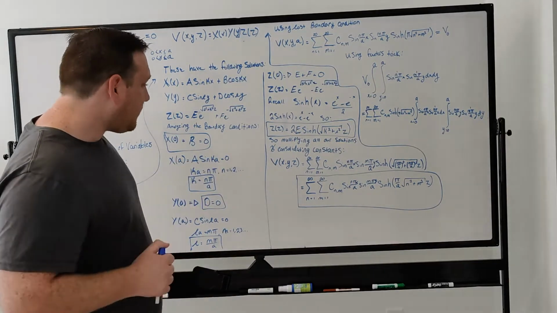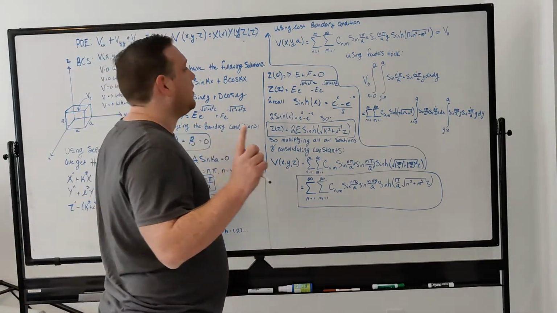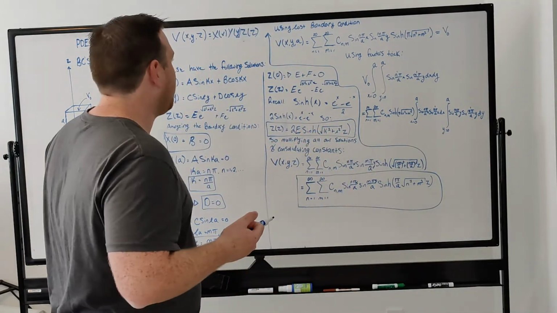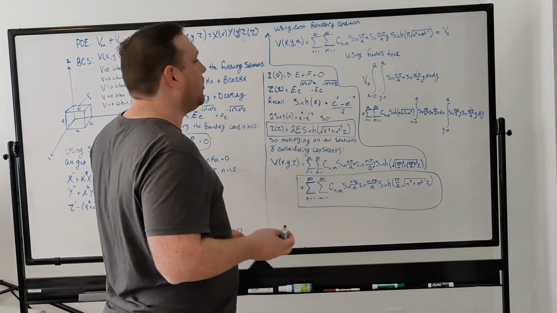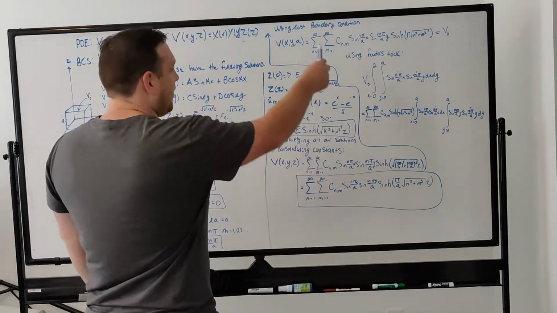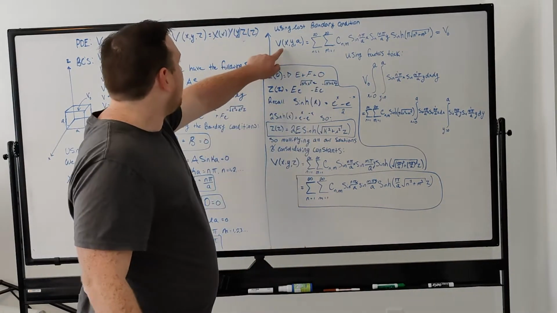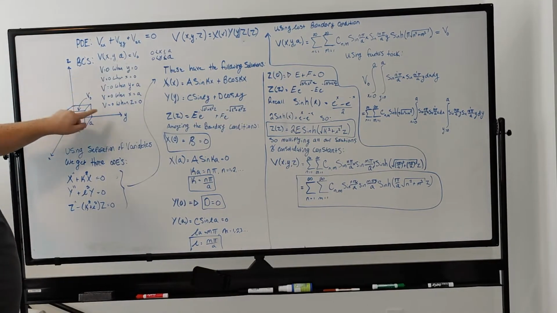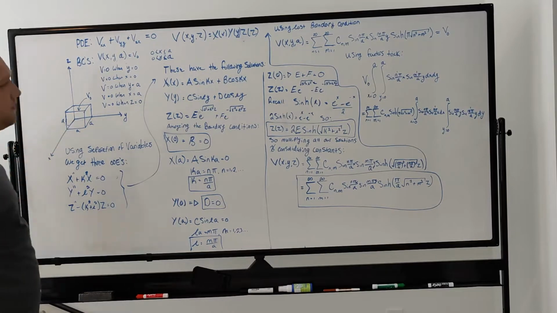So we can use Fourier's trick, which has been shown in the textbook, but essentially what we're going to do is multiply. I wrote the boundary condition here: remember the last boundary condition is that when z is a, we have a constant potential. So we're looking at this boundary.